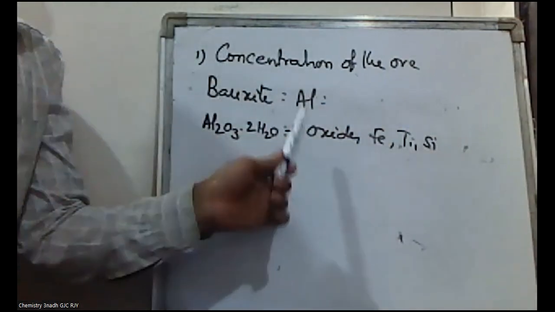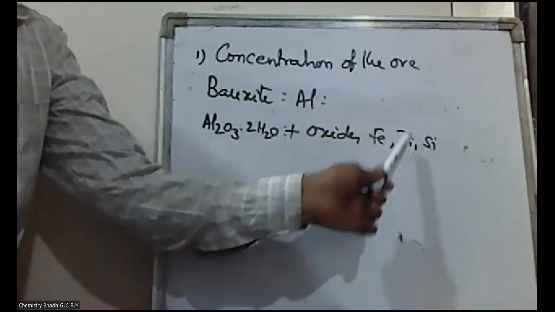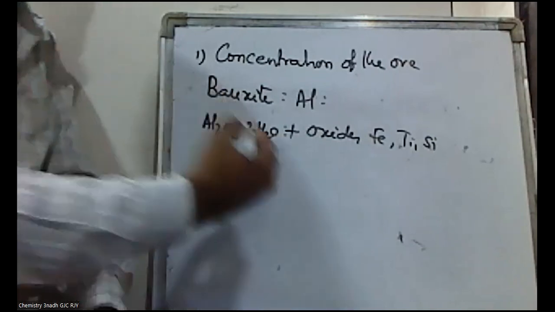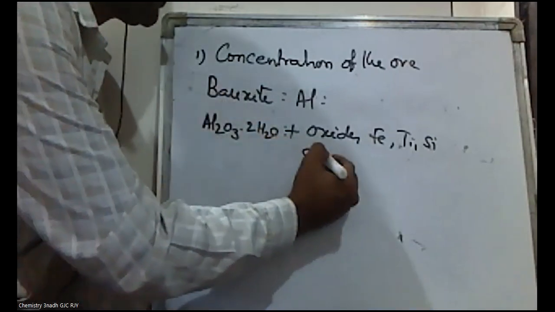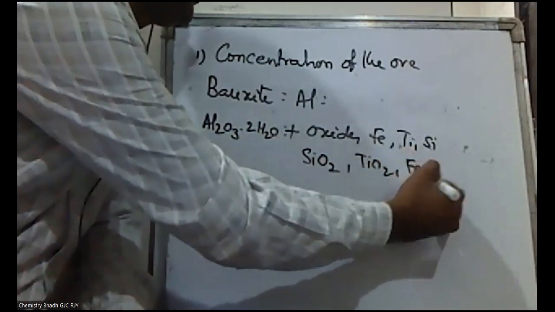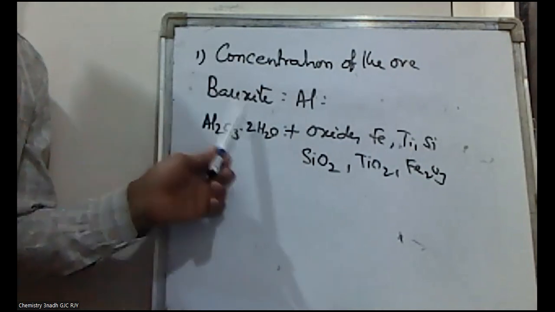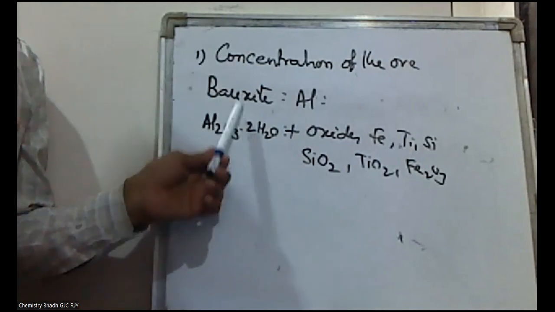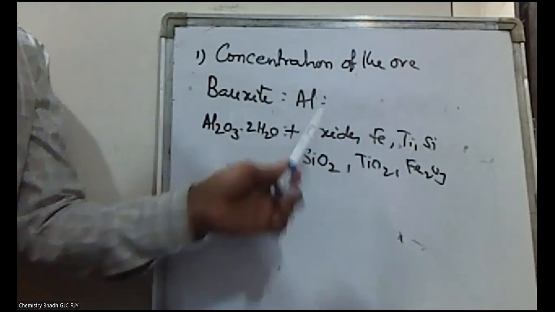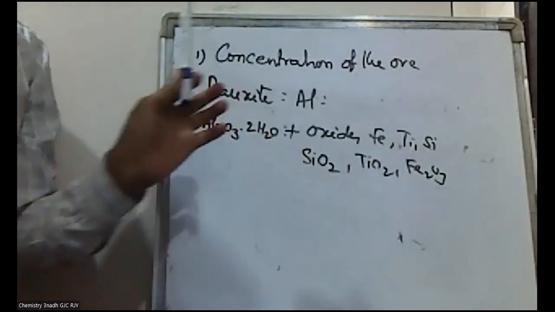The impurities are oxides of iron, titanium, and silicon. Silicon oxide is SiO2, titanium oxide, and similarly Fe2O3 or Fe3O4.